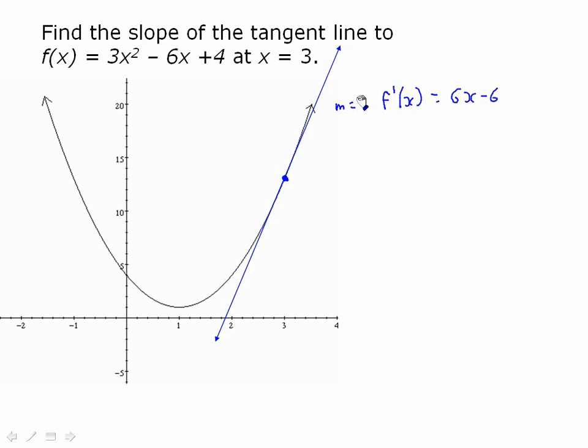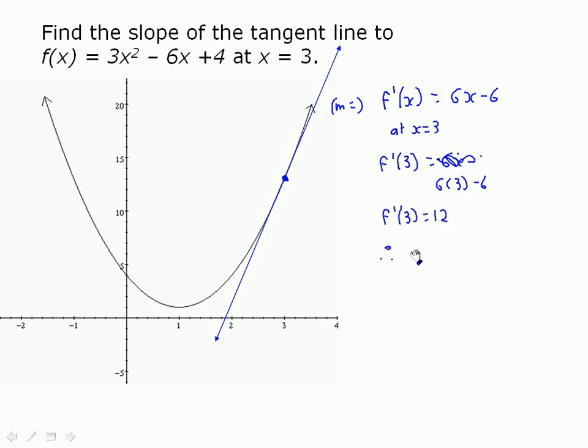This is a formula that we use, I'll just write that m equal, to find the slope at any point. So because we want to find it at x equal 3, we just work out f prime at 3. So we substitute in the 3, and then we get 6 times 3 minus 6, and f prime at 3 is equal to 18 minus 6 is 12.